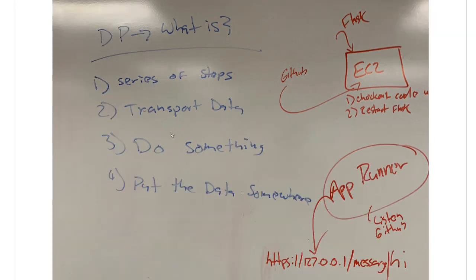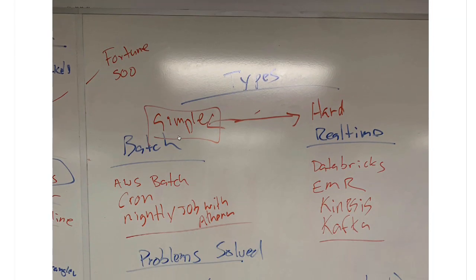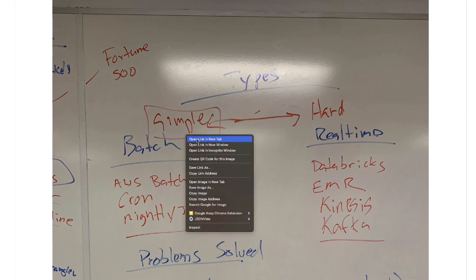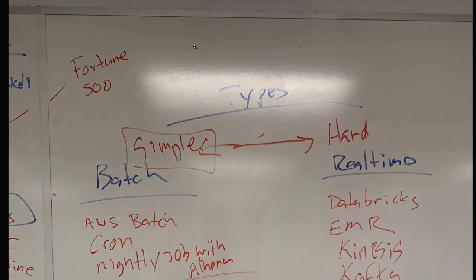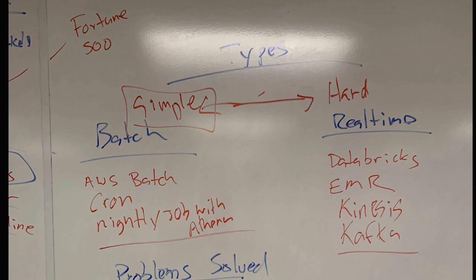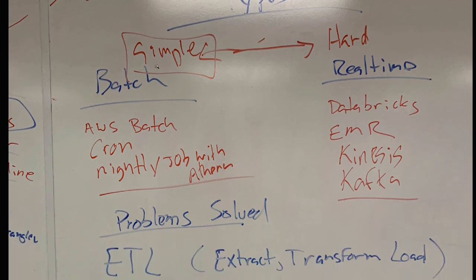So let's take a look at the next thing here on the list, which is what are the types that you can think of in terms of data pipelines. A couple different ways to consider would be that you have simple, right? And typically this would be batch. And really the most simple way you could do a data pipeline would be to have a Linux machine that has a cron job and it does something on an hourly basis or a daily basis. Maybe it talks to a database and puts the queries from that database into a report.